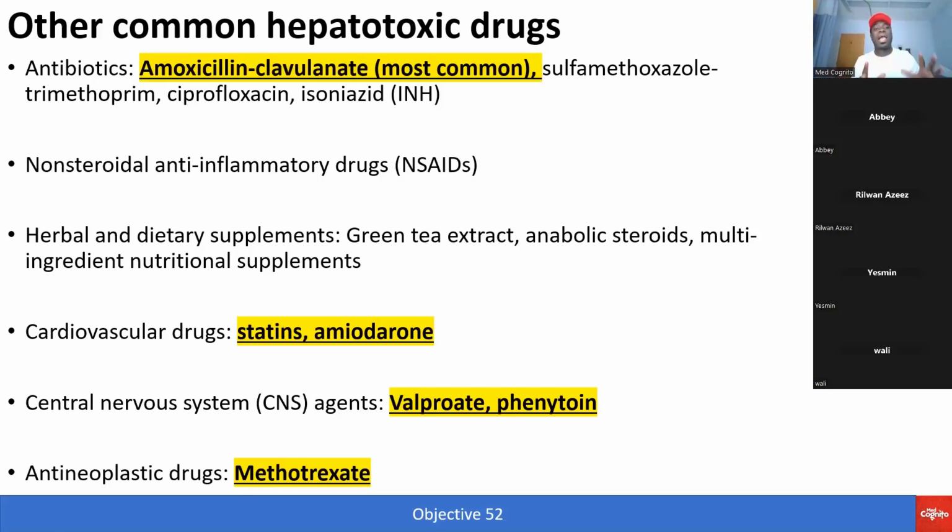So look, I want you to be able to identify these, but pick about 4 of them and memorize them: acetaminophen, amoxicillin, statins, amiodarone, NSAIDs. And don't forget, common things are common, so that if you're asked in the exam, you can be able to bring it up. Valproate, phenytoin, methotrexate. These are drugs which cause abnormal liver function. Okay, so we are using this question to deal with that particular one.